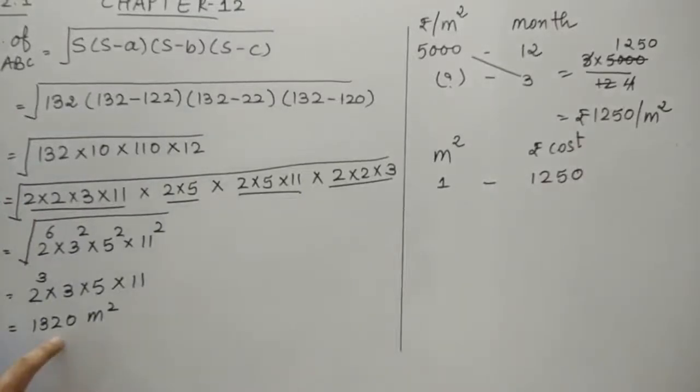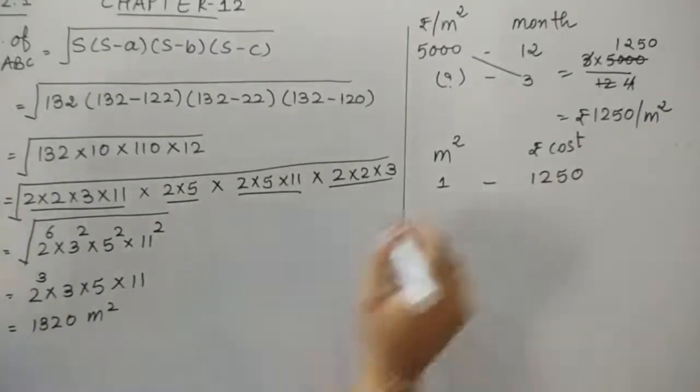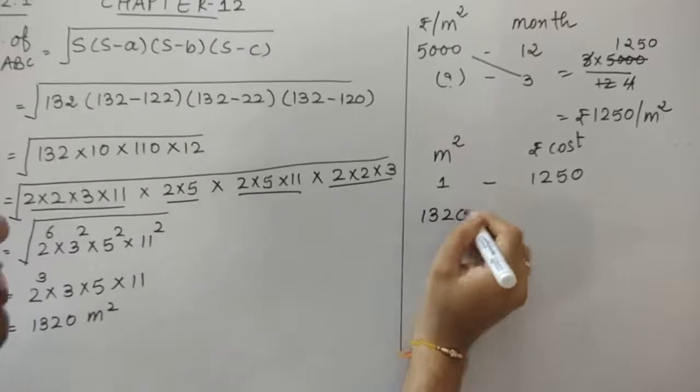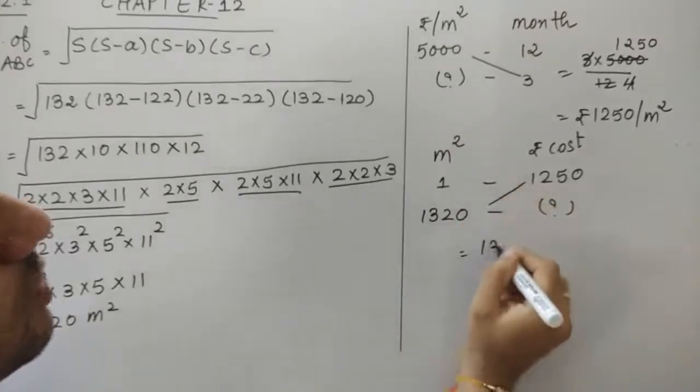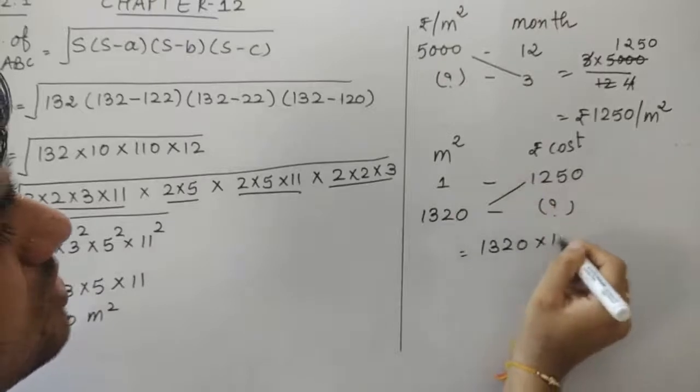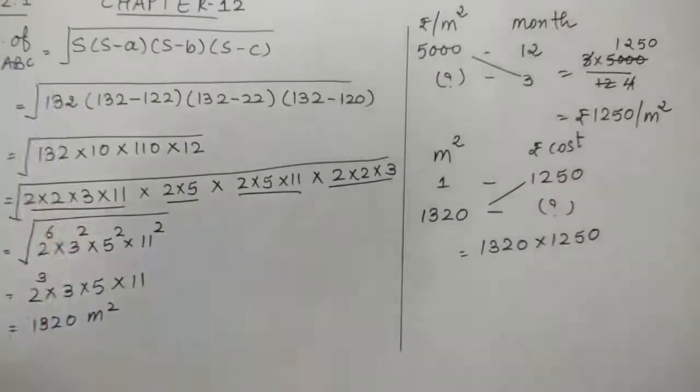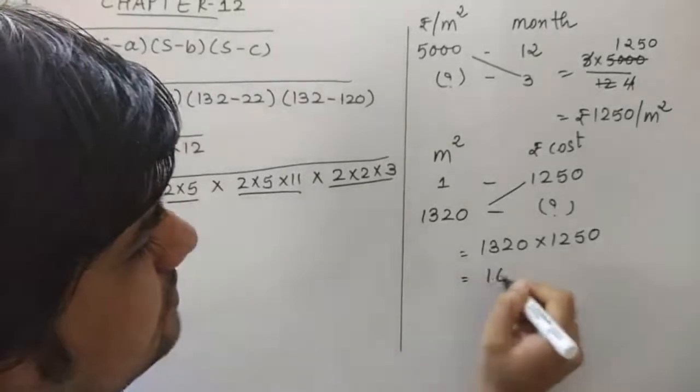What is the total area? The area is 1320. So for 1320, what will be the cost? So we will do the product of 1320 into 1250, the answer comes 16,50,000.